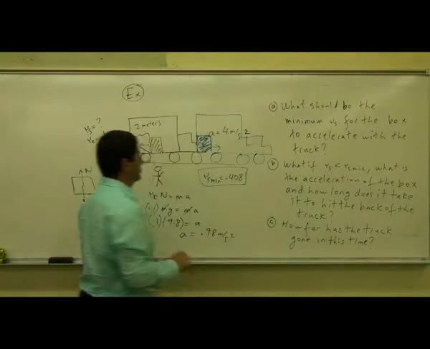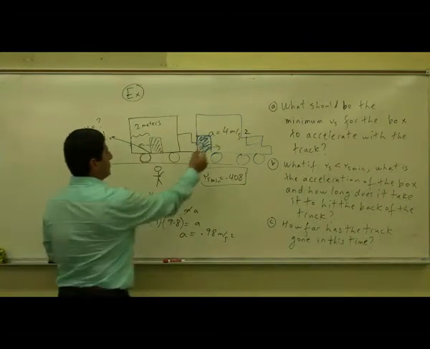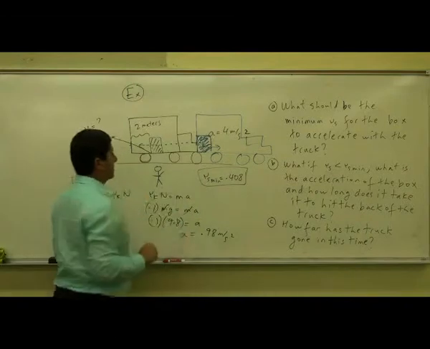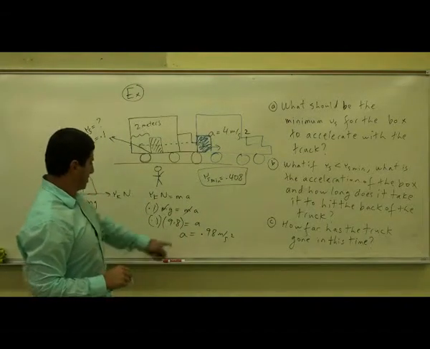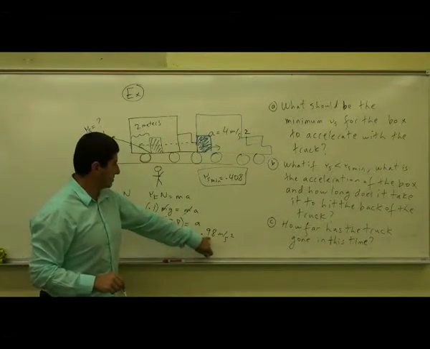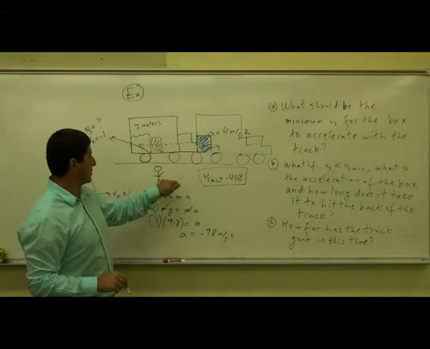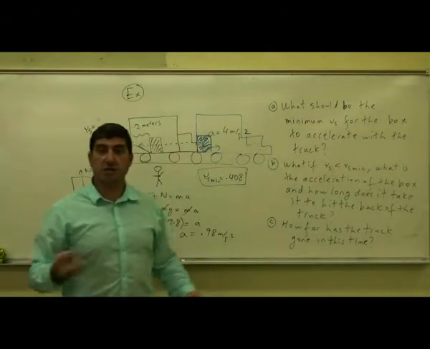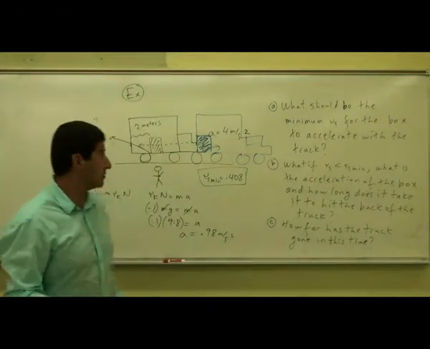So, drawing a quick truck here, the box has moved forward with an acceleration of 0.98 with respect to the road, right? But the truck is accelerating forward with an acceleration of 4, right?